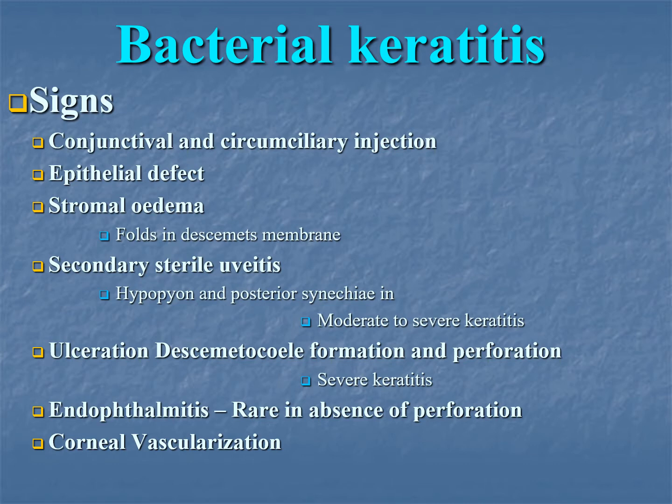If the stroma is involved, you can find stromal edema and folds in Descemet membrane. If secondary uveitis is there, you will see the signs of uveitis. Hypopyon may be present with posterior synechiae in moderate to severe keratitis.